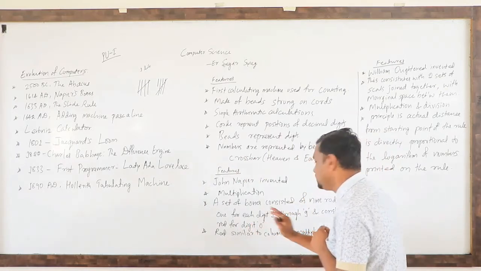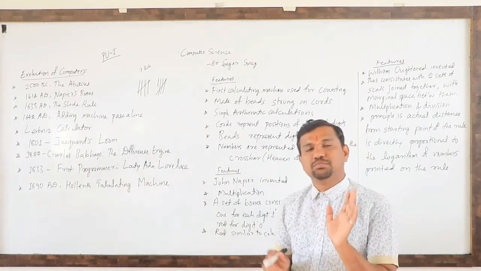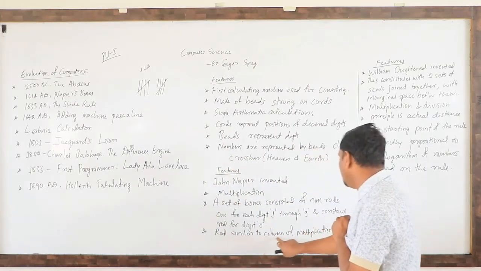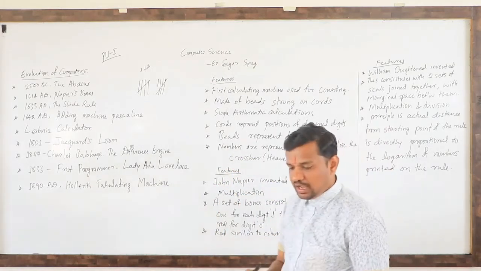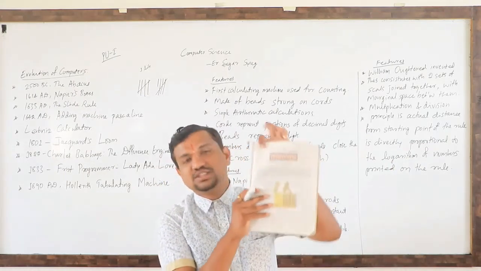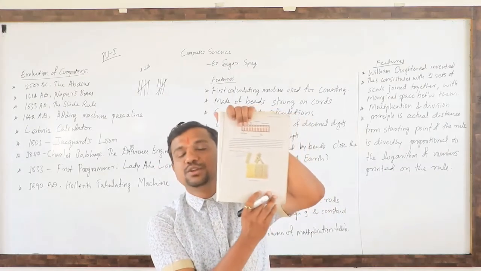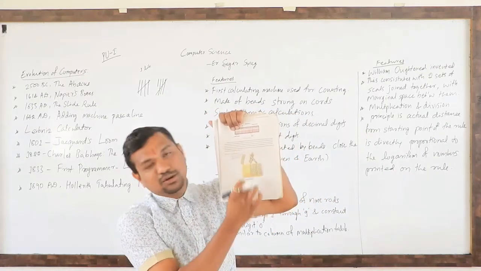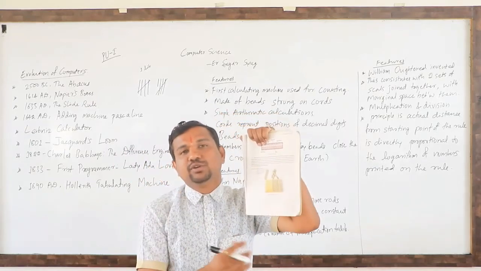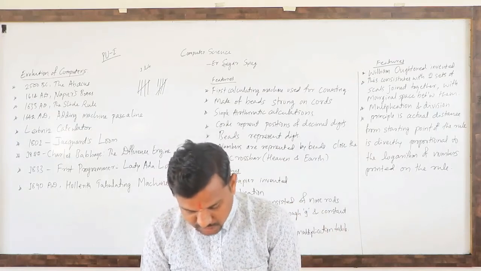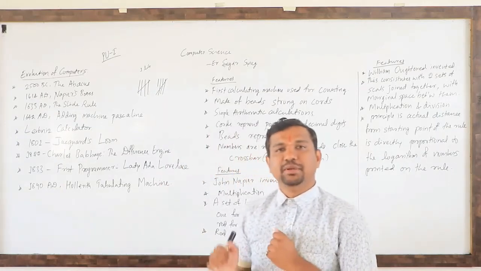A constant rod is for digit 0. For 0, they represent one constant, fixed rod. The rod is similar to a column of the multiplication table and there is no movement of that 0. So this is Napier's bones. Here different rods are there and they are going to use them and make some arrangements. This is all regarding Napier's bones.